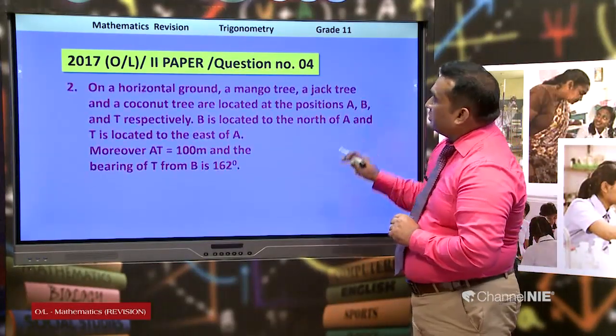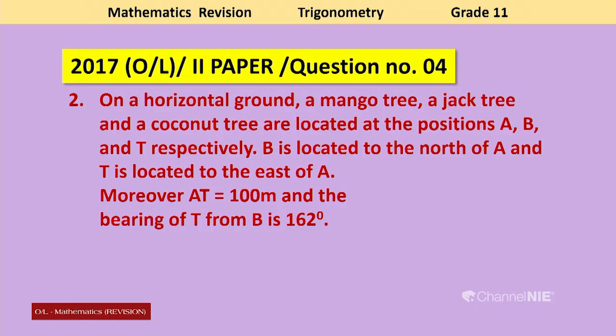Now, on a horizontal ground, look at this word, horizontal ground. A mango tree, a jack tree and a coconut tree are located at the positions A, B and T respectively.